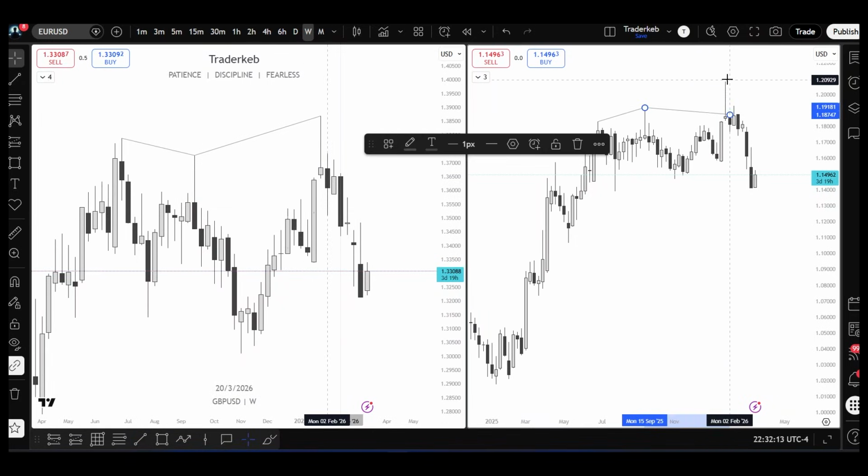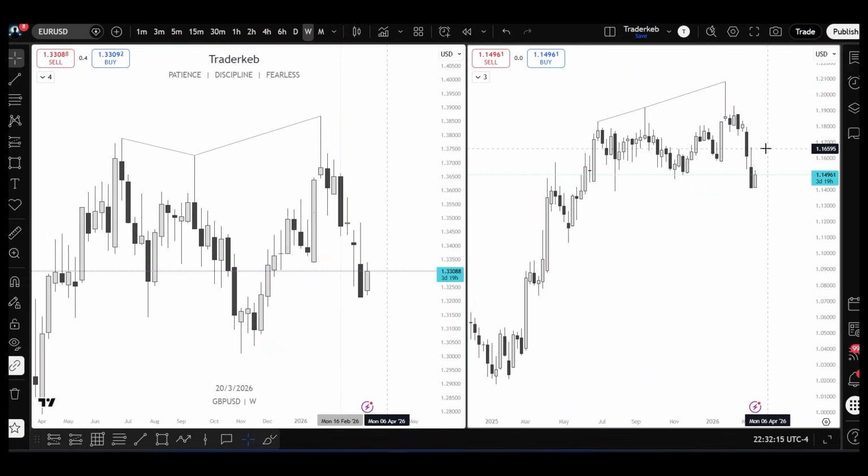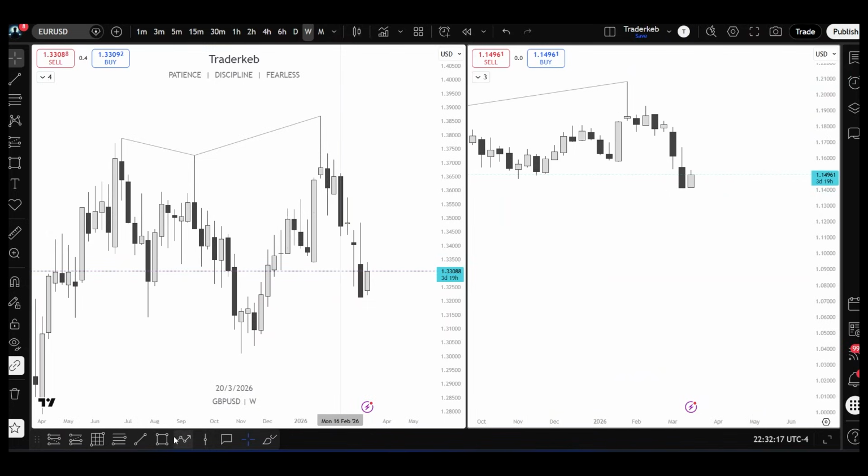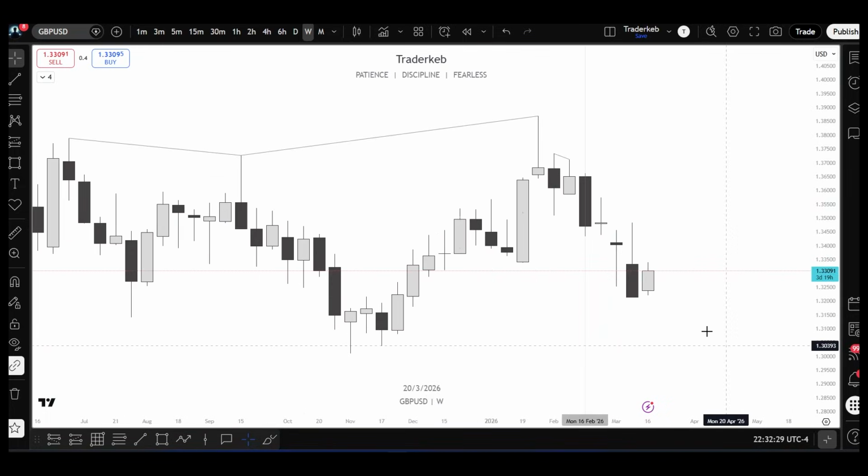Have it here, right? And I think we have like a strength switch right here. Something like a strength switch. Right here. So I'm going to focus on this one.